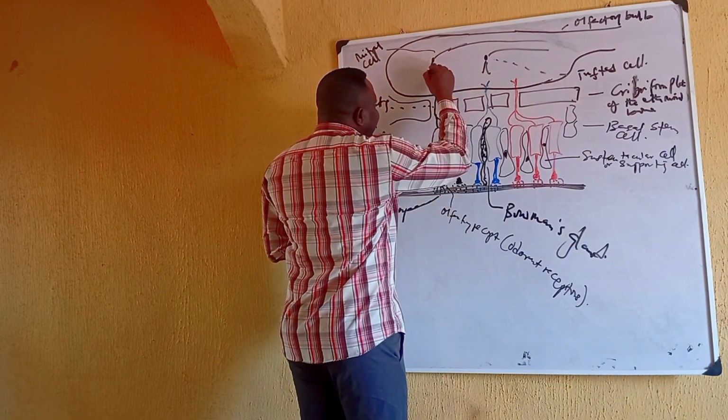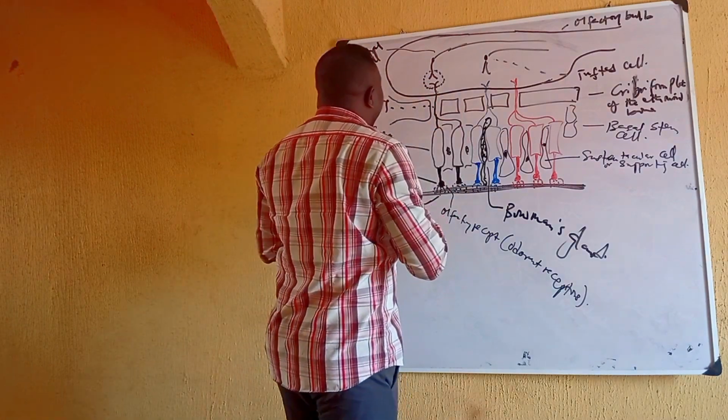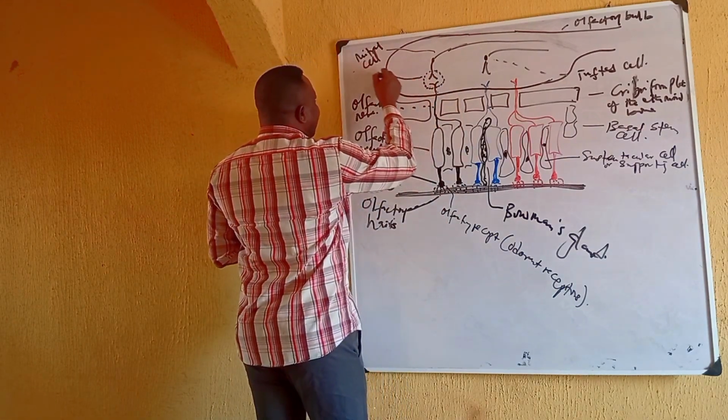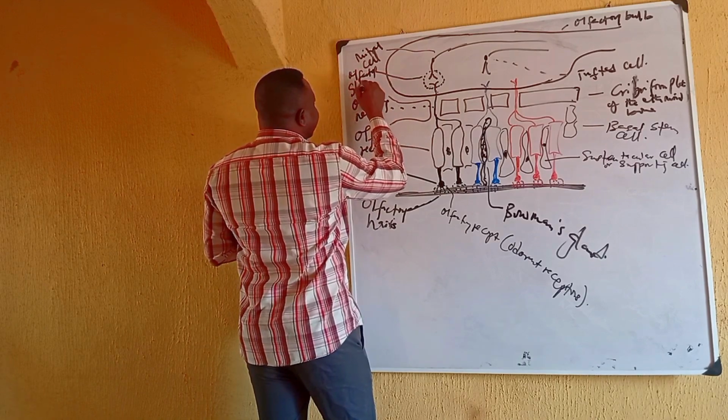That structure that is formed is called the olfactory glomeruli.